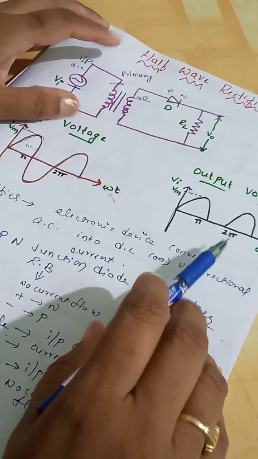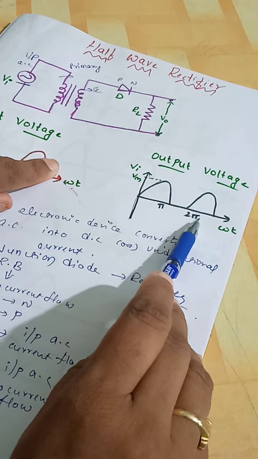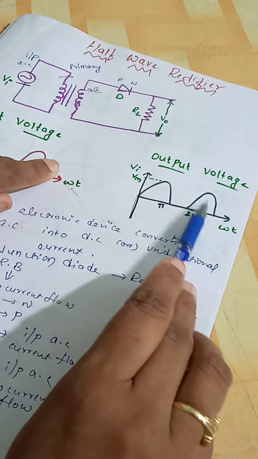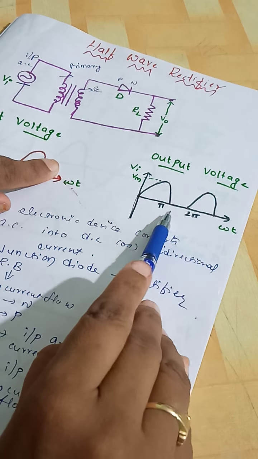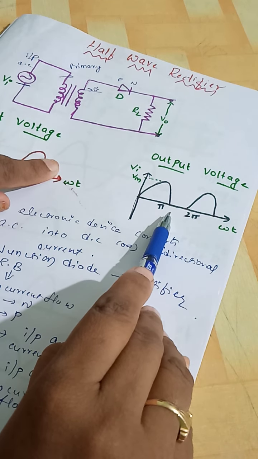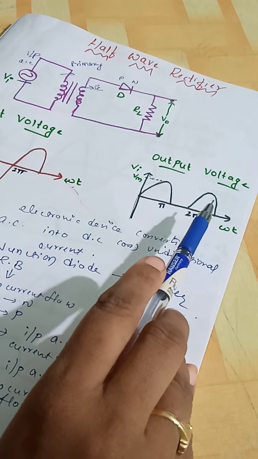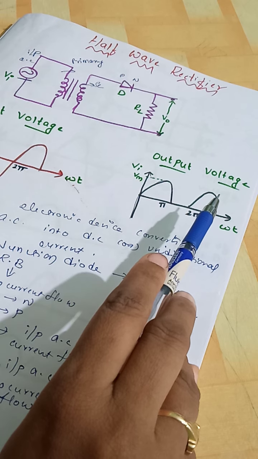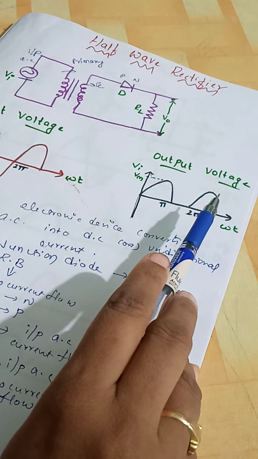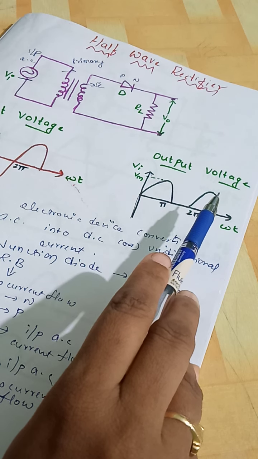So if you see the output graph, we are finding outputs only due to the positive half cycles, and there is no output due to negative half cycles, right? Means here the rectifier is using only half of the cycle of input AC, so we call it half wave rectifier.